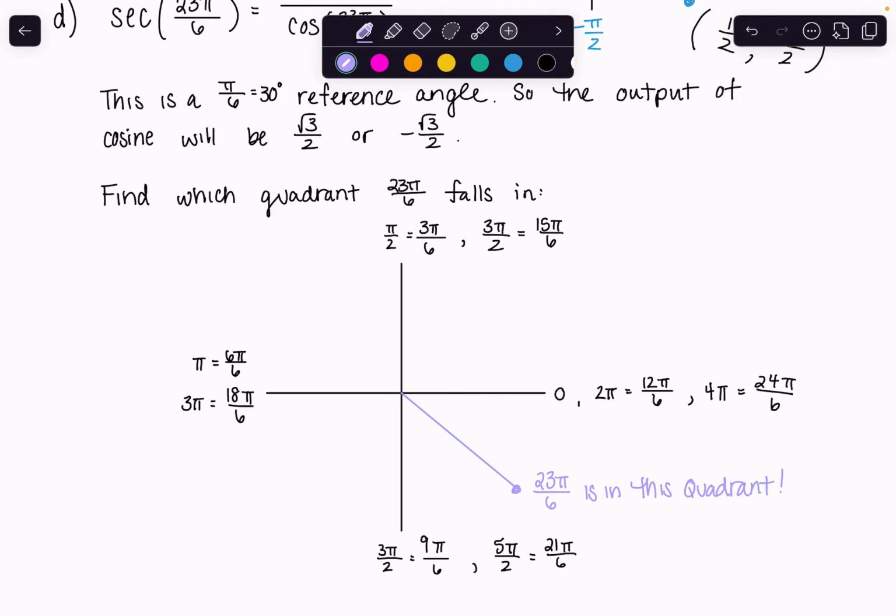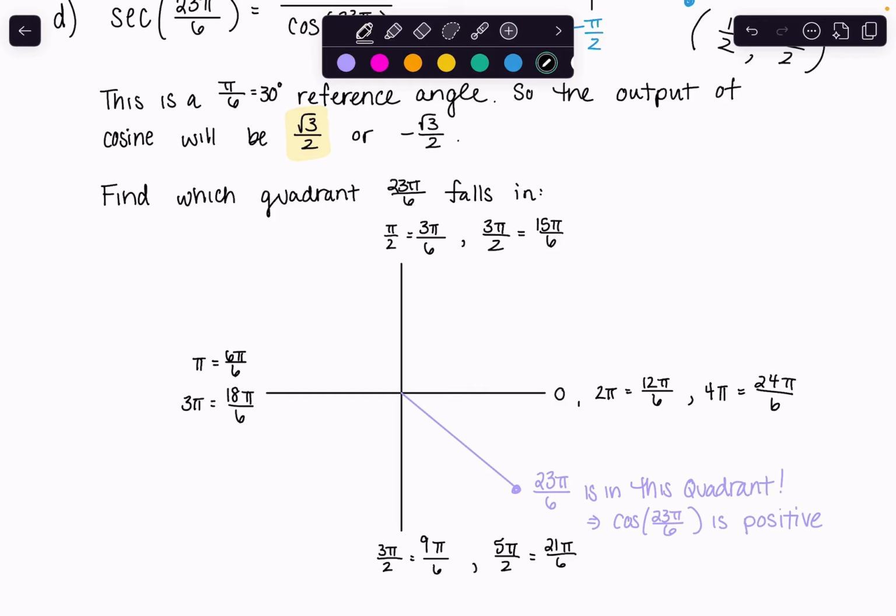Since I'm dealing with cosine in quadrant 4, cosine is positive. So using that reference angle, I know this is going to be the case where my output is positive root 3 over 2.